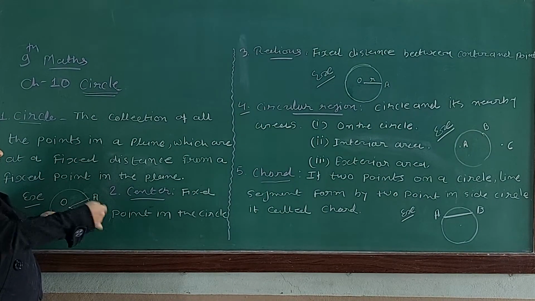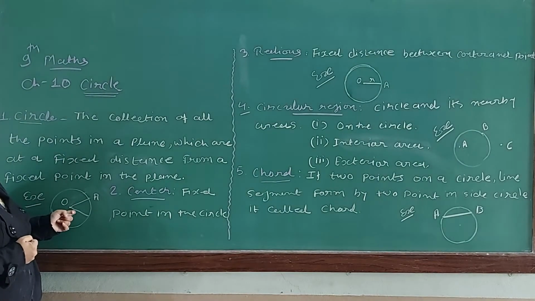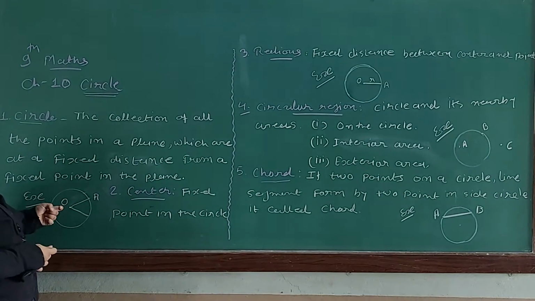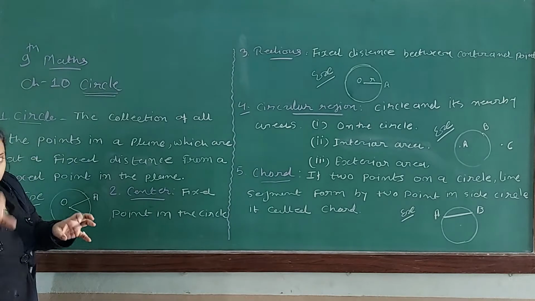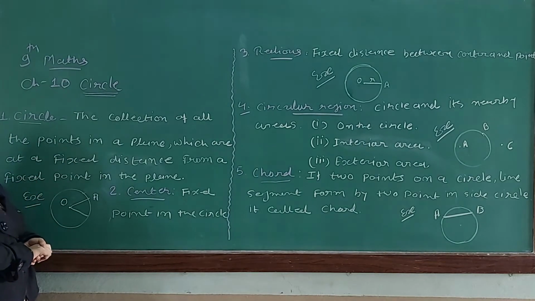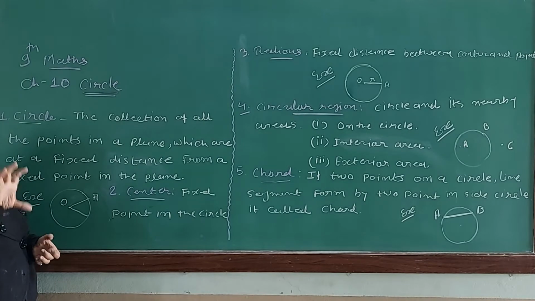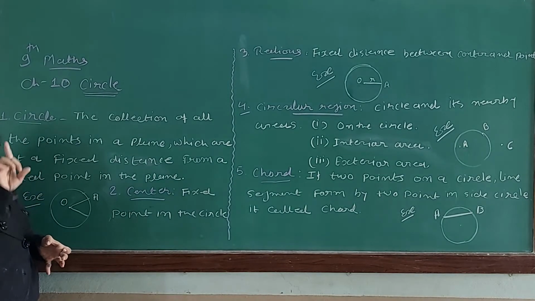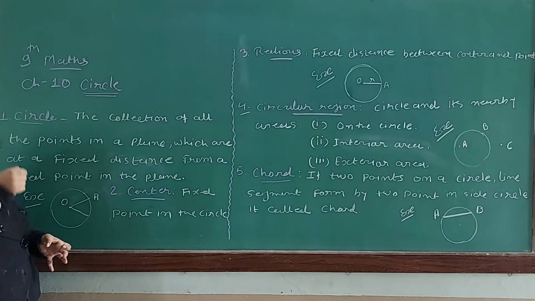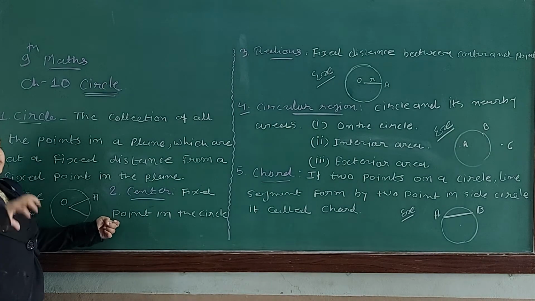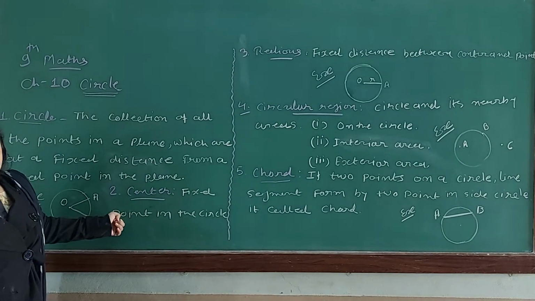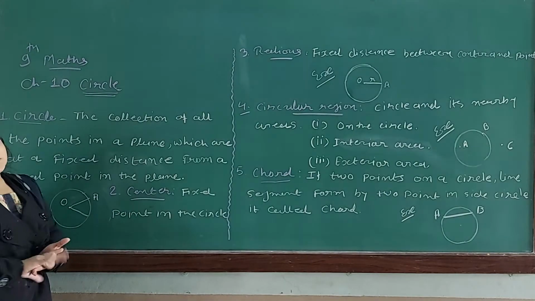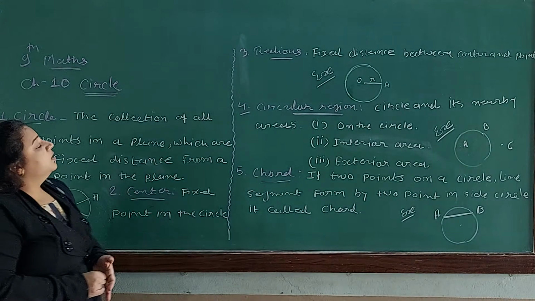So whenever you form a circle, with the help of a compass or a bangle, you can find the center by yourself. Why? Because from the center it will be an equal distance. That's why it is known as the center of a circle.